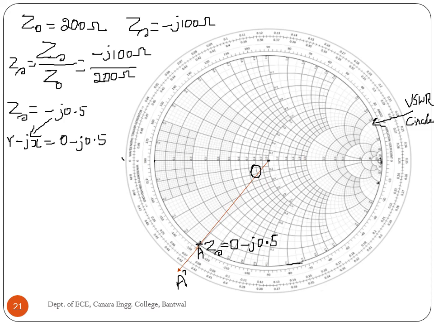Always this position is the short circuit point and the right side of the horizontal axis is the open circuit point.